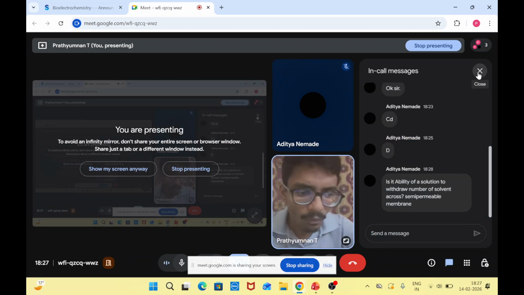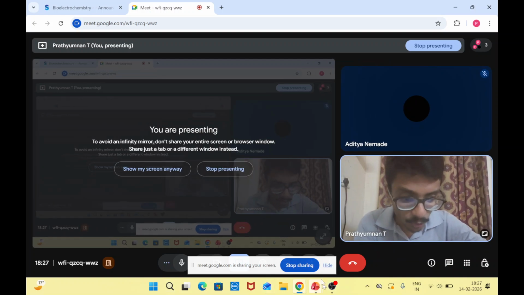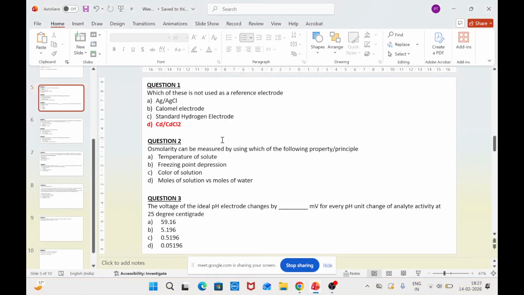Yes, that is almost correct. So the question over here is, how are you actually going to measure the osmolarity?